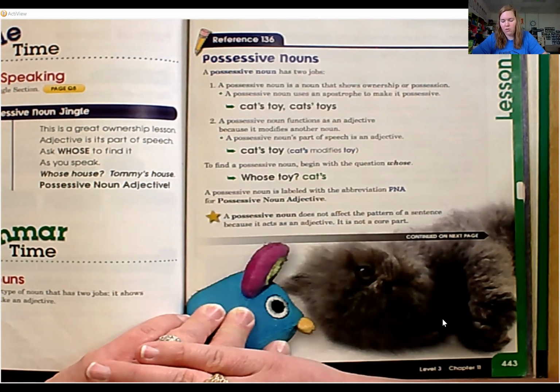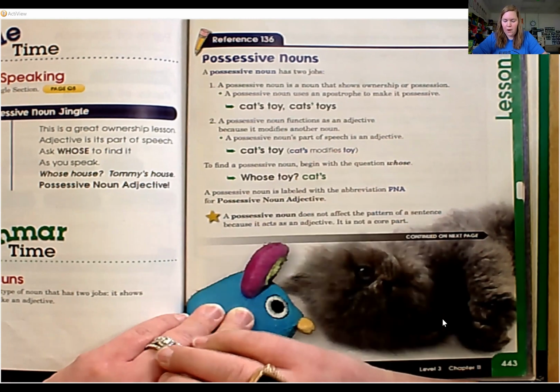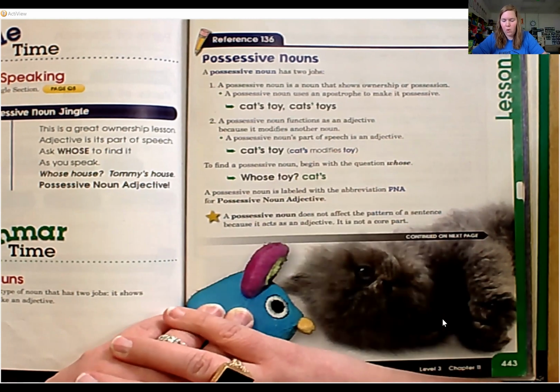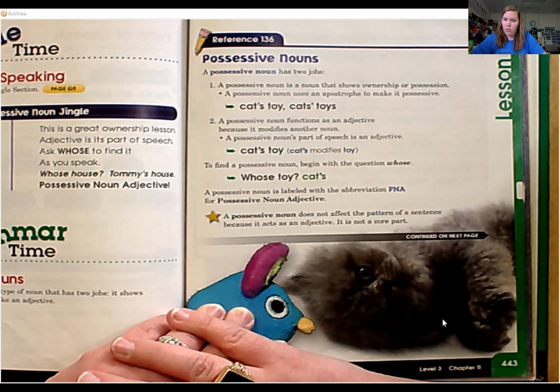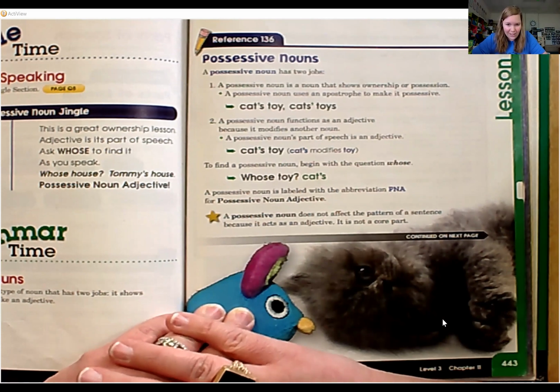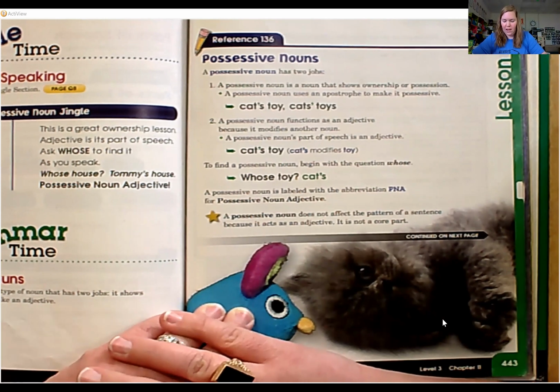A possessive noun's part of speech is an adjective, cat's toy. Cat's modifies toy. To find a possessive noun, begin with the question whose. Whose toy? Cat's toy.